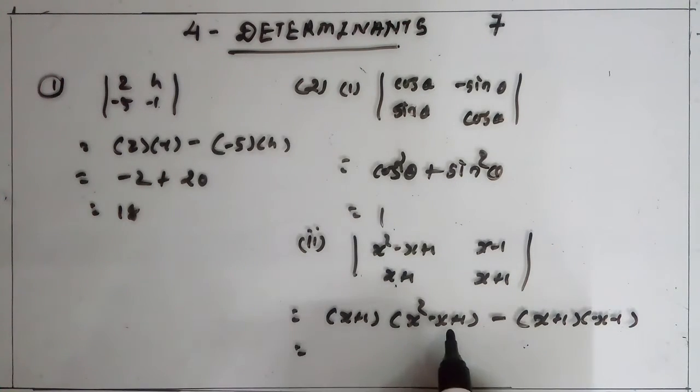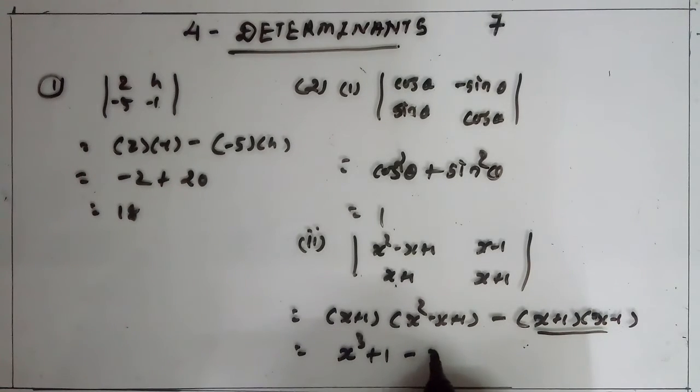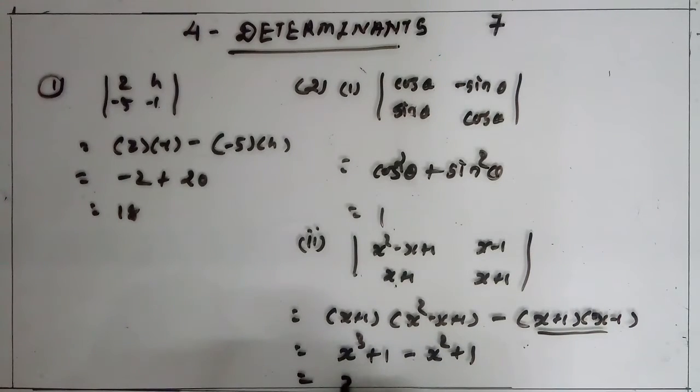We know that x plus 1 into x square minus x plus 1 is equal to x raised to 3 plus 1 raised to 3, minus x square minus 1 square, is equal to minus x square minus minus plus 1. After taking the minus inside we get this result. So it is equal to x raised to 3 minus x square, 1 plus 1 becomes 2. So this becomes the value of the given determinant. Clear?